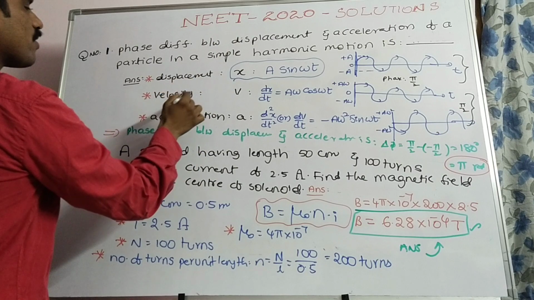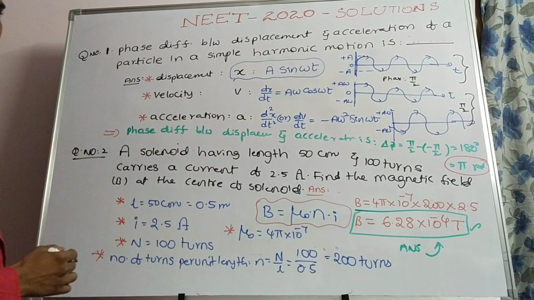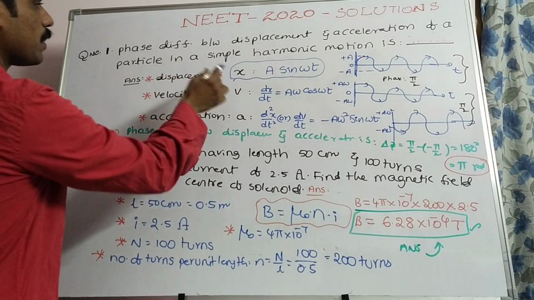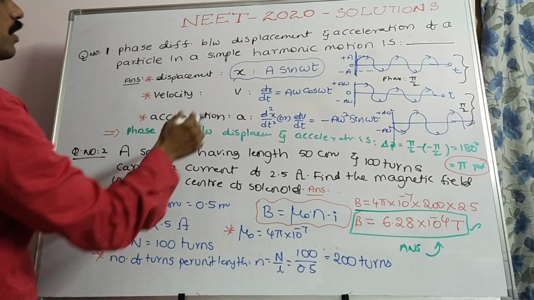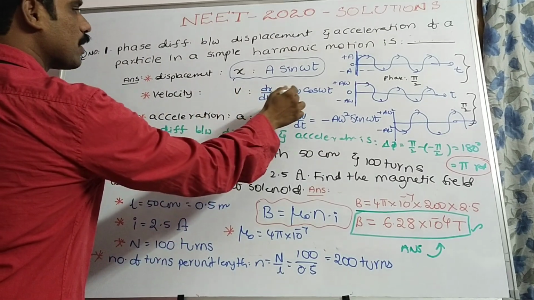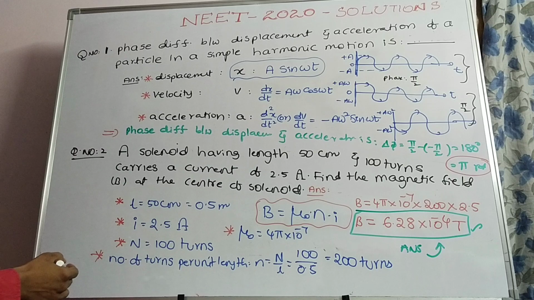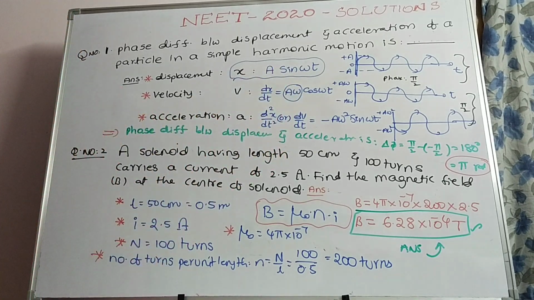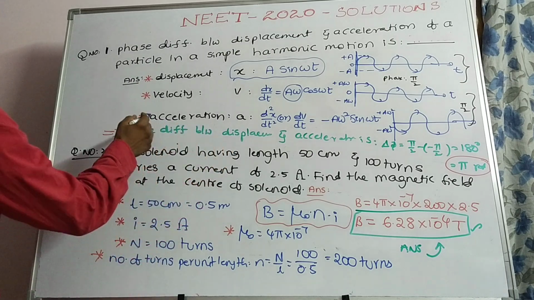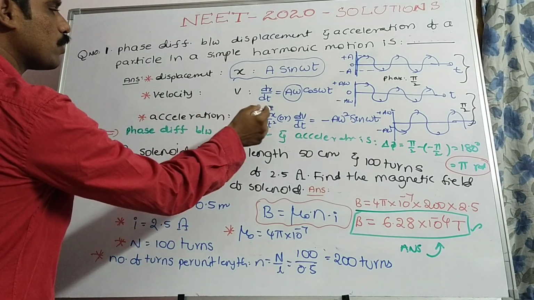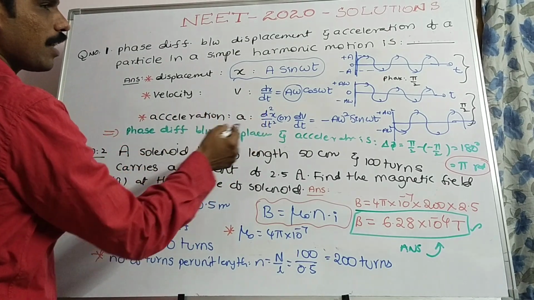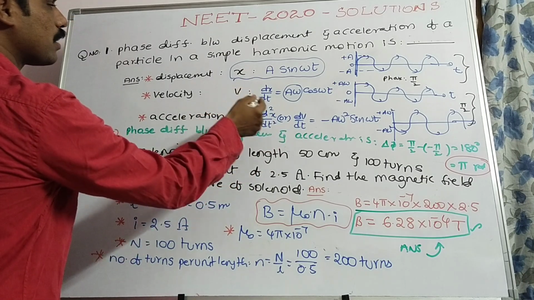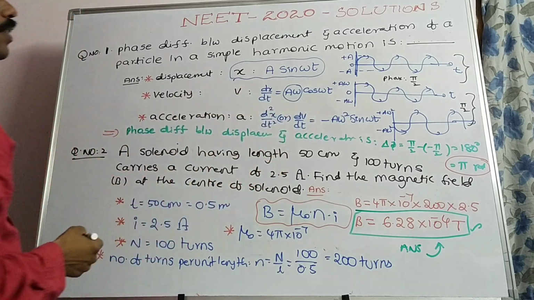After differentiating that with respect to time, we get a cosine function, a omega cos omega t, where the amplitude is a omega. Acceleration a is equal to d square x by dt square, or by differentiating the velocity we get the expression for acceleration.